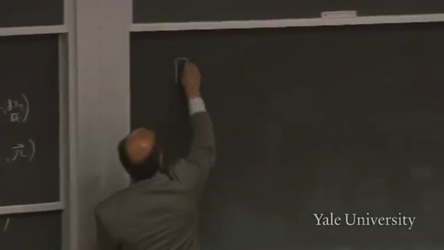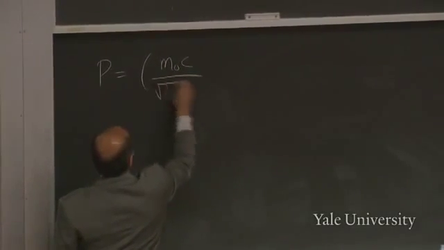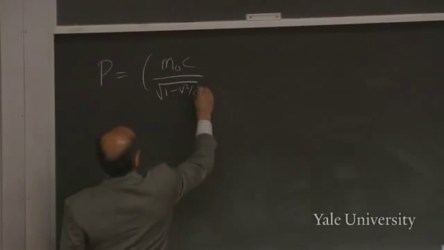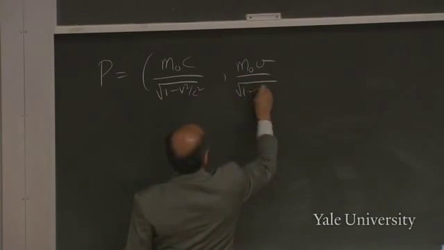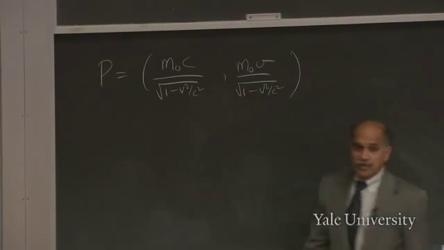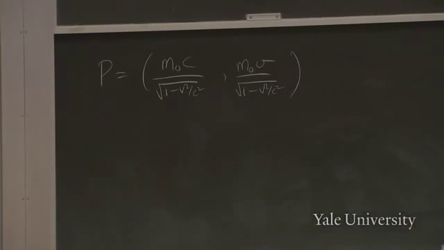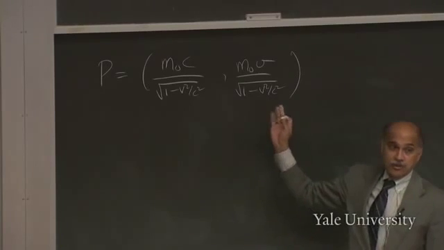So here is my new 4 vector, m0 c over the square root of 1 minus v squared over c squared, and m0 v over the same factor. Let me drop the other components except just in the x direction. Let me not worry about that now. I wrote that because I want to be able to call it a 4 vector. It's crazy to call this a 4 vector. I should call it a 2 vector.